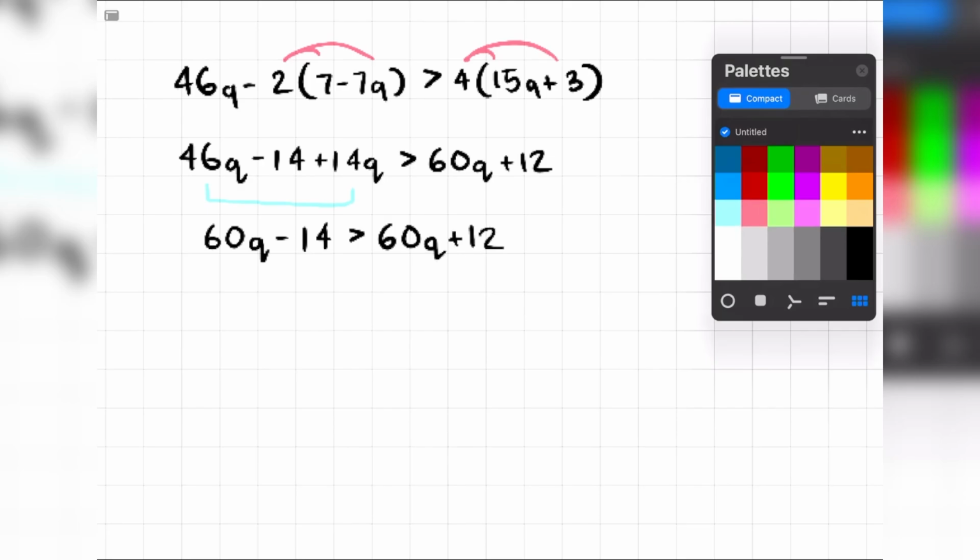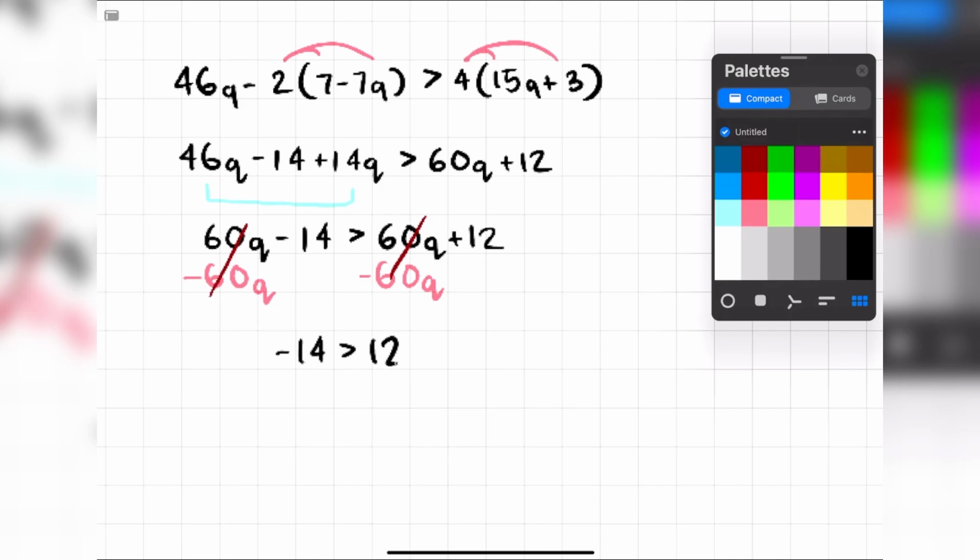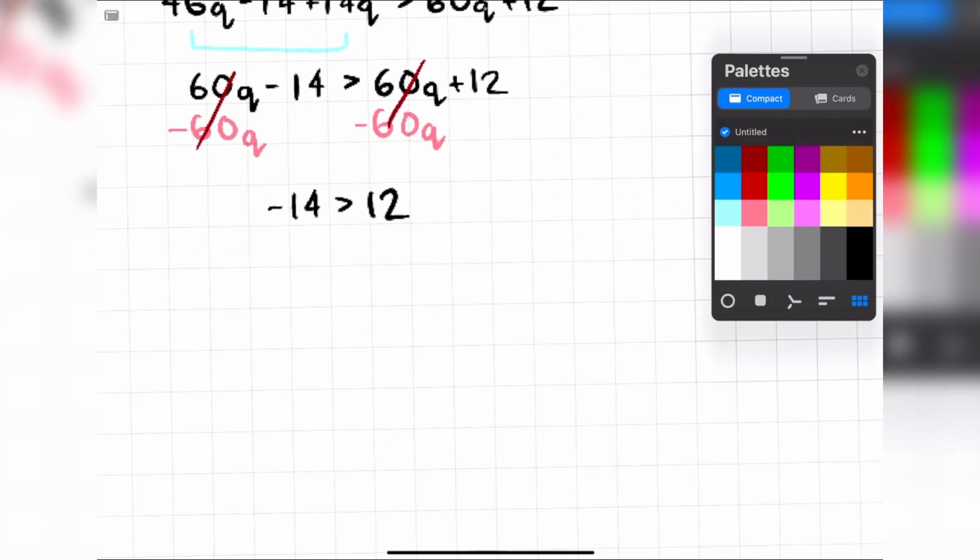Next step is what do we do first? We can just move these guys, negative 60q, negative 60q, which cancels out, and leaves you with negative 14 is greater than 12. We already know that's not the answer and what's going on here, but we can just continue.